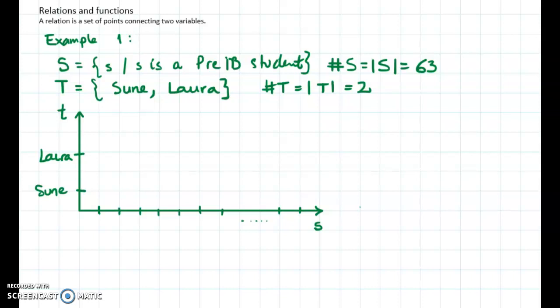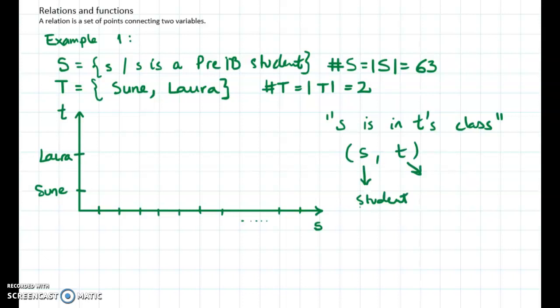But the first relationship that I'm going to consider is going to be the following. S is in T's class. So I'm going to write pairs S, T, where S is going to be a pre-IB student and T is their teacher.